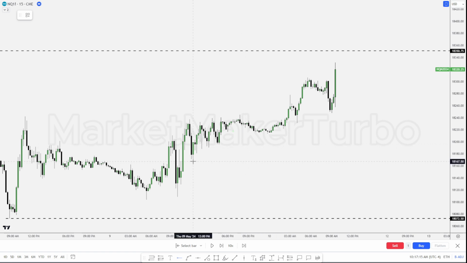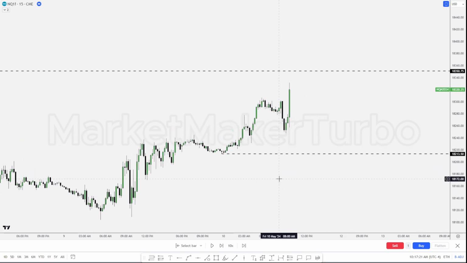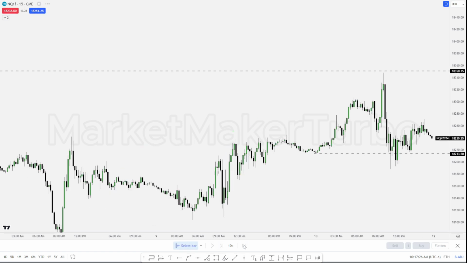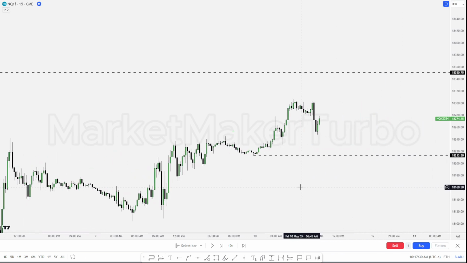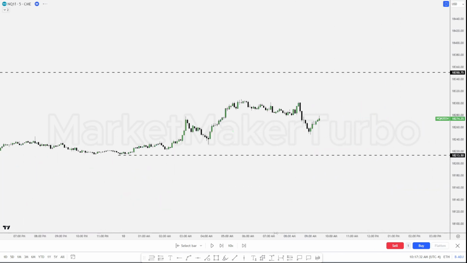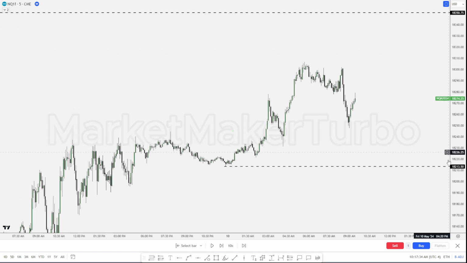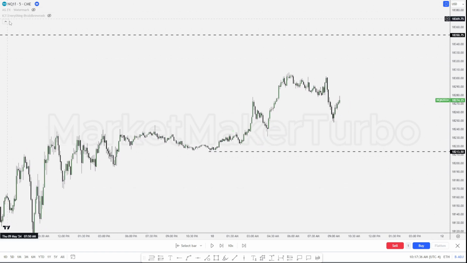There's a liquidity pool here, but I like this one more. And then we'll actually play it back. Drop down to the 5. And then we can turn this on.